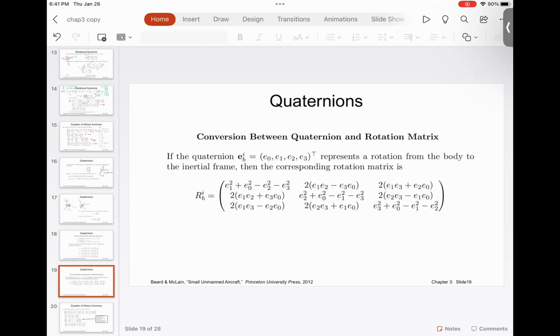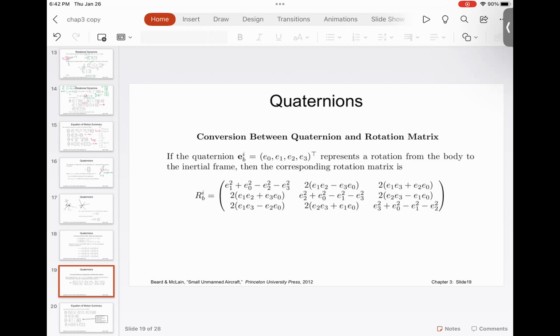Now, I don't know if you understand how powerful this is. Imagine there are 10 rotations, like the rotation about the first frame, second frame, third frame, fourth frame, fifth frame, sixth frame, seventh frame, eighth frame, ninth frame. The whole thing, 0R7, can be represented with just one quaternion.